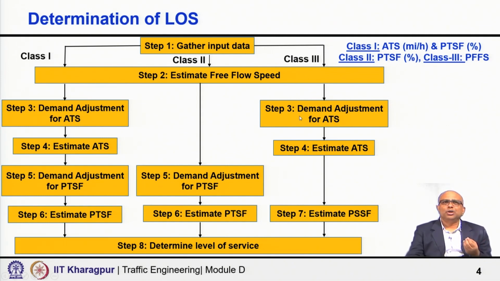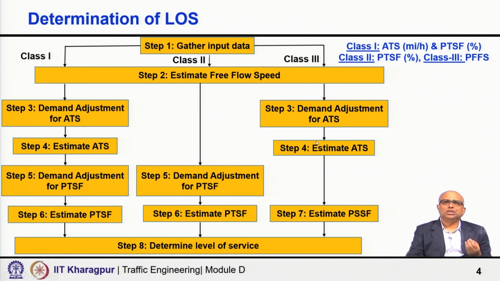For class 3 road, we need ATS, because if you want to calculate percentage of free flow speed, PFFS, then you also need to calculate the average travel speed. So here steps 3 and 4 are done as for class 1 road, and 5 and 6 are omitted.